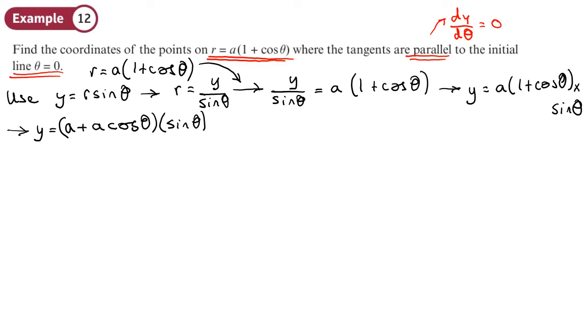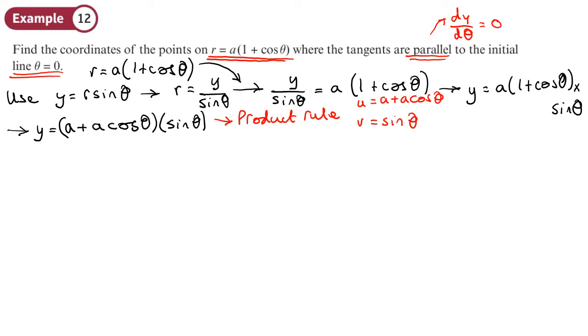With this product rule, I will have u equal to a plus a cos theta. Now remember, a is just a constant, and I will have v equal to sine theta.